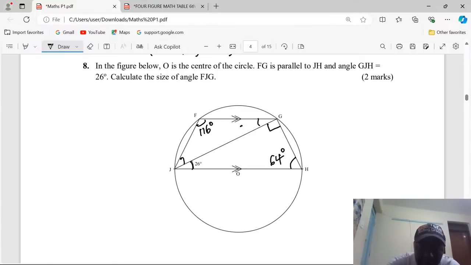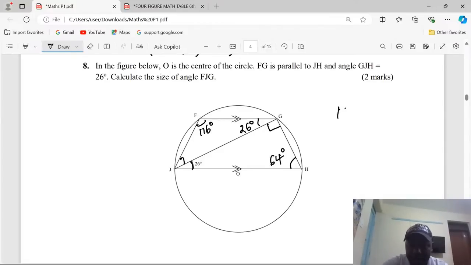Being alternate angles, they must be equal. With the alternate angle there at 26 and the other angle being 116, inside the triangle FJG we are supposed to get 180.